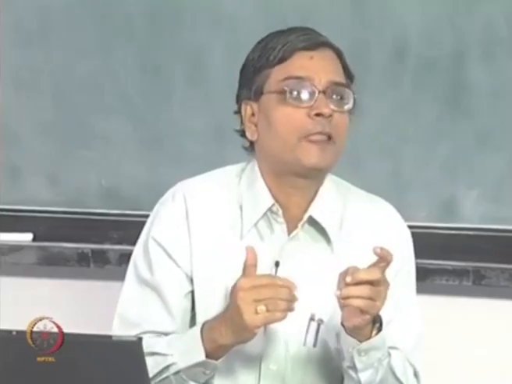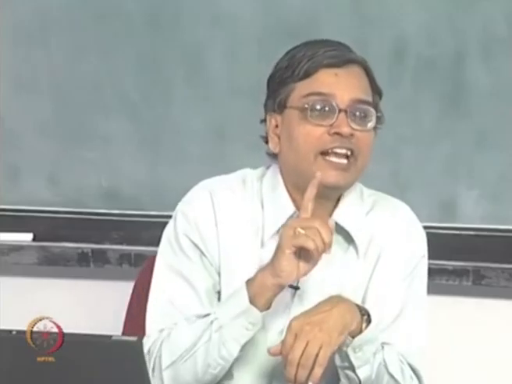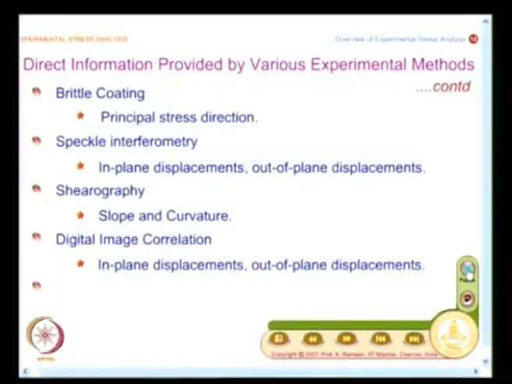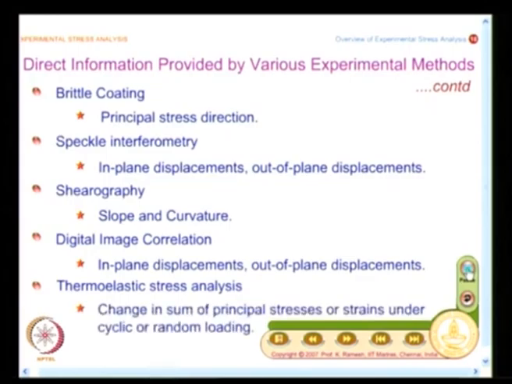So, though each technique gives seemingly similar information, the physics that we have exploited dictates the possible level of accuracy. And what I would say is physics as well as the technology. Physics may be the same, but if the technology is improved, then also you can improve the accuracy of evaluation.